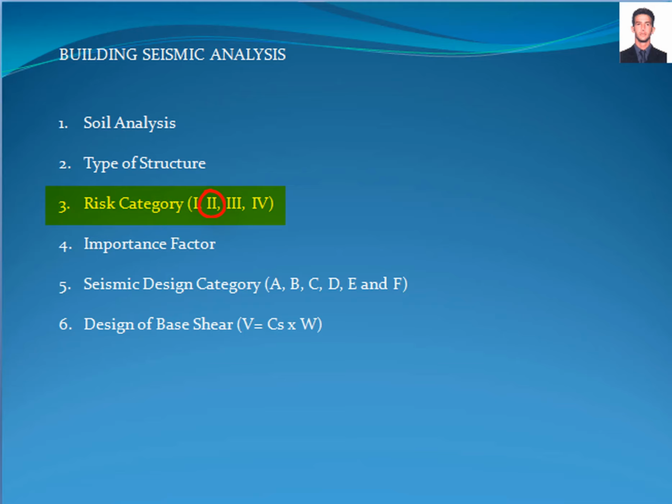Category 2 is for buildings that represent an intermediate risk for human life, such as houses, apartment buildings, or stores. Category 3 is for buildings that represent a substantial risk to human life, such as a school. And Category 4 is for buildings that are designated as essential facilities, such as a power generating station, police and fire stations, and hospitals.